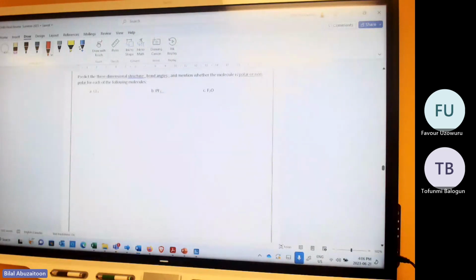Take a picture. We have the clip for the midterm. Can you just take a picture? You need the key, the answer sheet, the marking script. I'm not sure if I will be able to do that today. It can't be tomorrow.